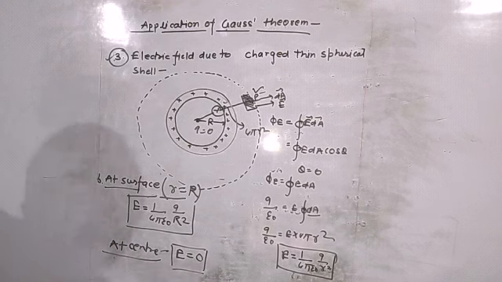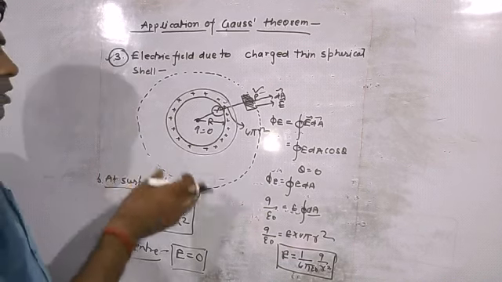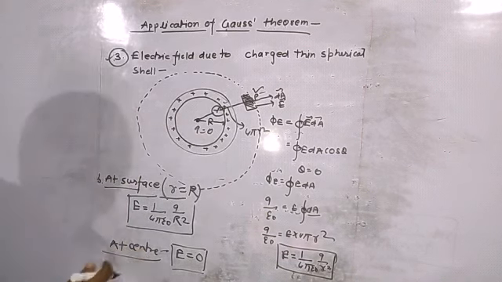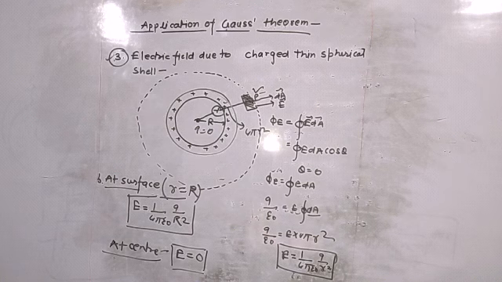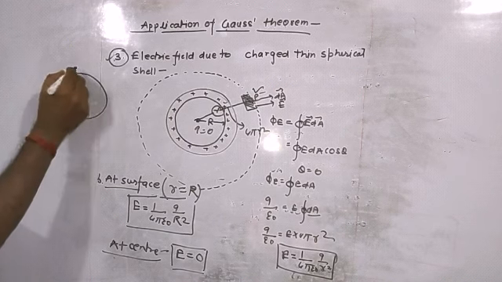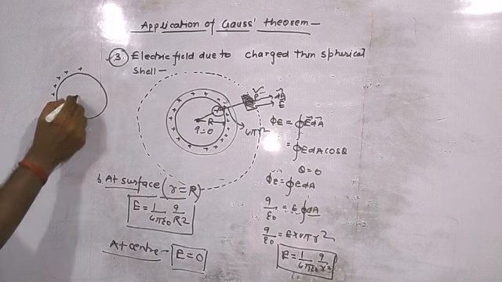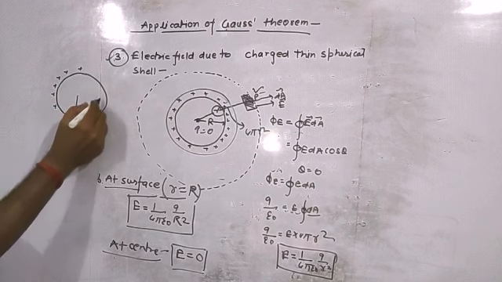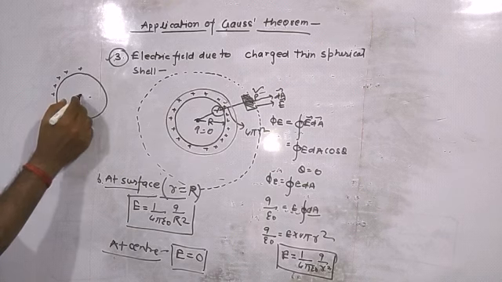Now if we wish to represent it graphically, how can we show the variation for the thin shell? This is the thin shell. This is the center. This is the radius r.